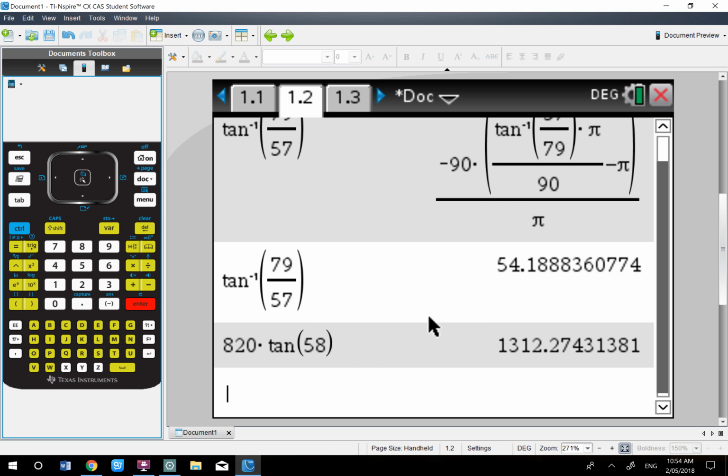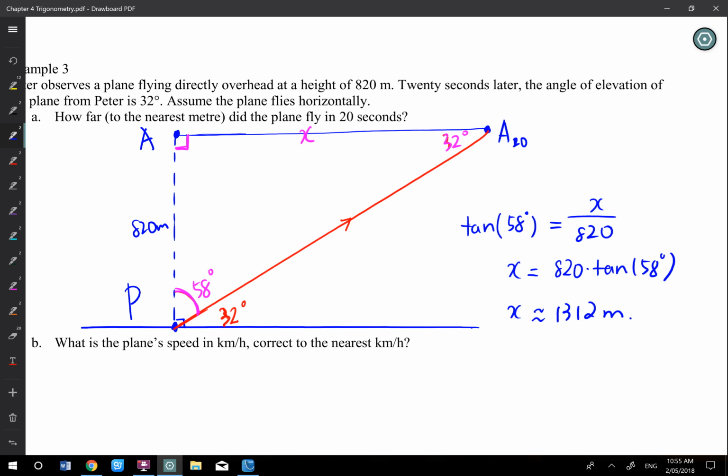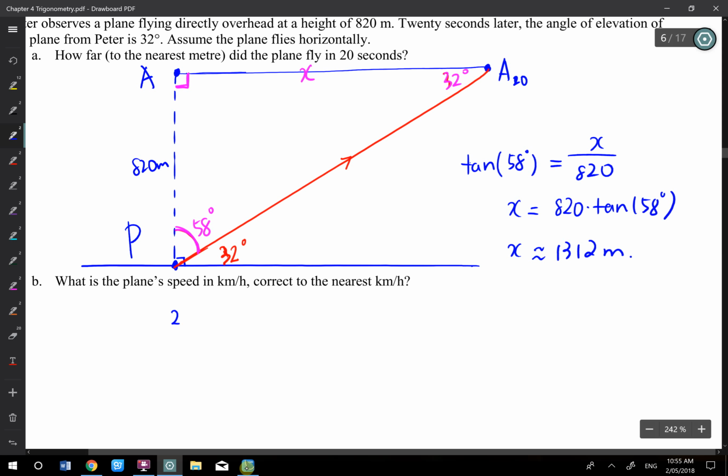So that's 1312 meters, because 820 is in meters, and that will be meters as well. So in 20 seconds, the plane flew 1312 meters.